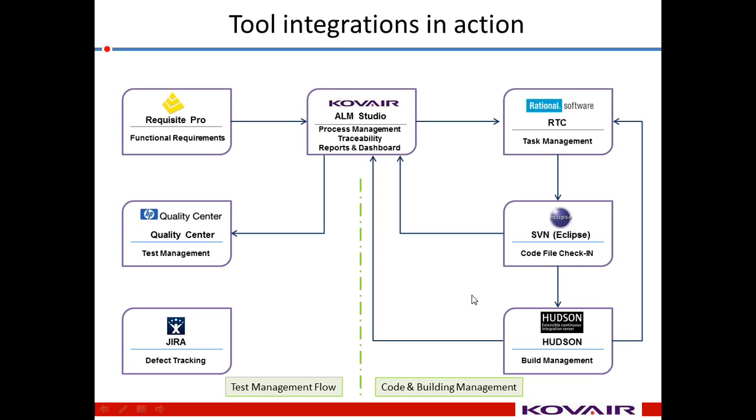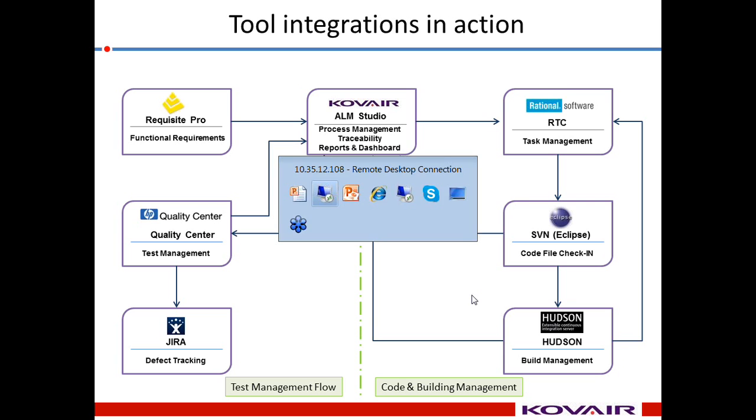Currently it's in this stage, and here you can see the defect caused due to the Quality Center, the test management. It's now flowing into Jira, and it's also reflected back to the Kovair ALM tool.